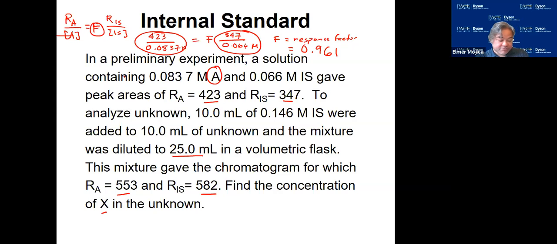So the setup that we have here now is 553 over, we don't know, equals 0.96 times 582 over, and we're not clear yet.